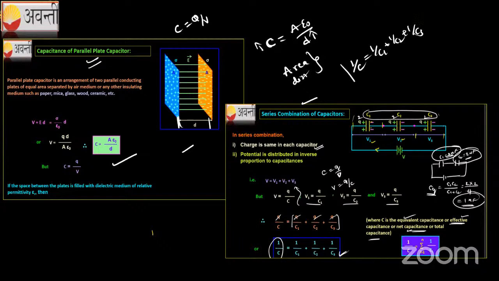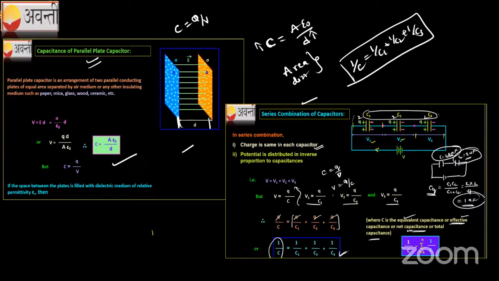Here we add the capacitances inversely, a reciprocal addition. For n capacitors we can add n terms like this, but the final capacitance will be less than each individual capacitor connected.